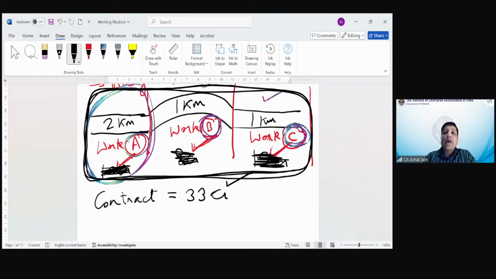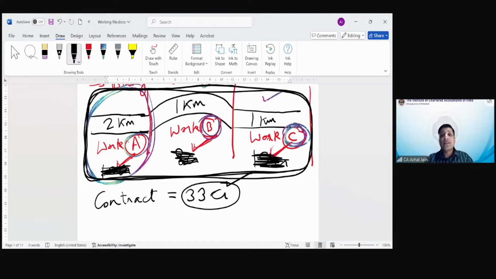Now, in this case, if there is a single contract wherein three works are required to be completed, three activities are required to be performed, what will happen? To begin with, the moment you see such a contract, you will recognize revenue for 33 crore.